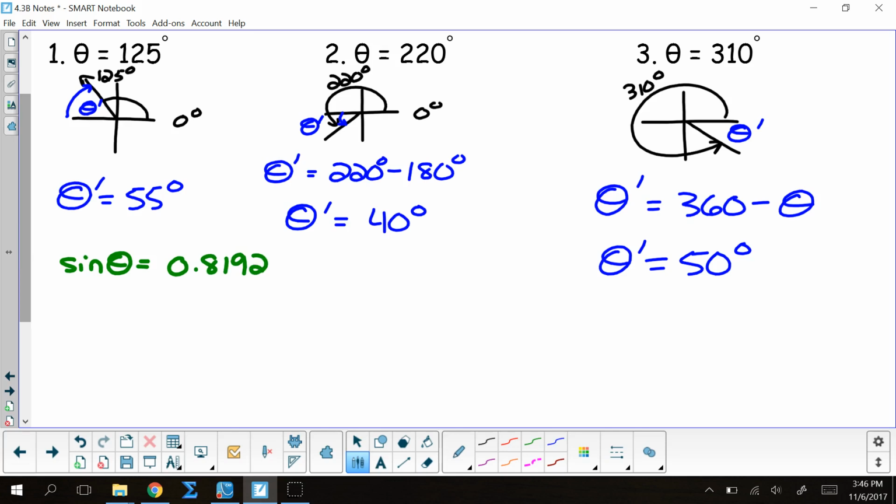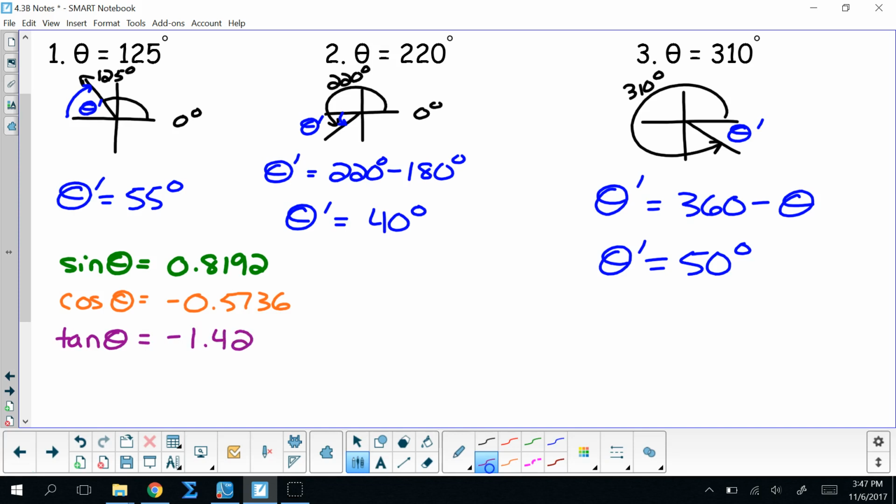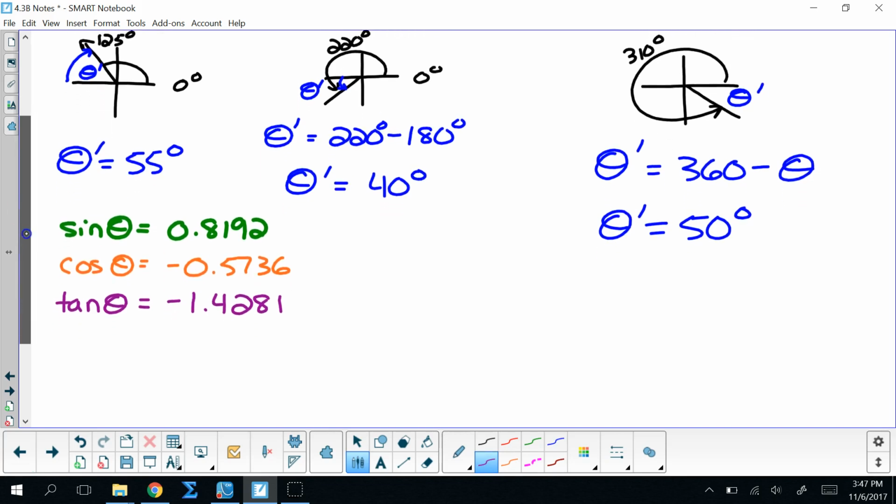The cosine of theta is going to be negative 0.5736, which makes sense because the theta angle is in quadrant number 2. Quadrant number 2 has positive sine values, negative cosine values. And the tangent of theta is equal to negative 1.4281. So that's my theta, my 125 degrees.